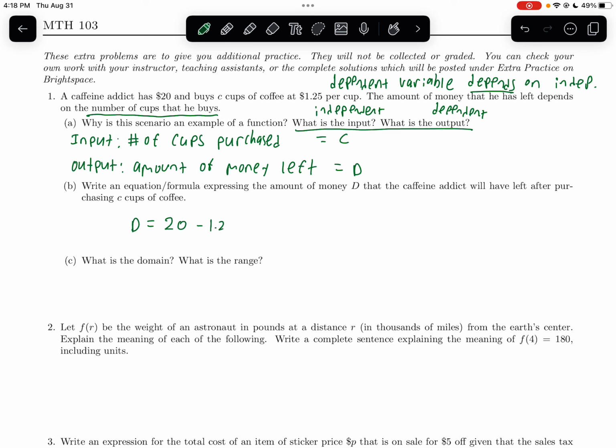So it's 1.25 times C. So we'll write this as 1.25 times C. So if you're wondering where this came from, again, this is the initial amount, and this is the amount lost per cup purchased. And obviously you would subtract, because they're not gonna accumulate money for buying coffee, they would lose it.